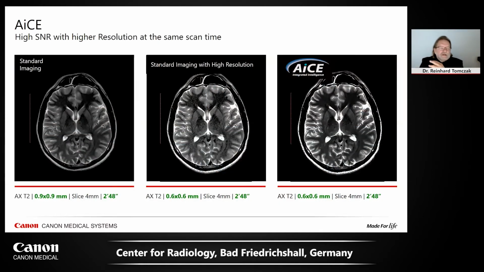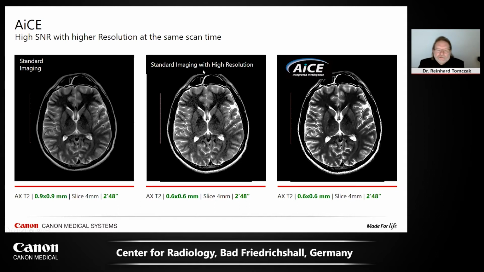Another example for high signal to noise. If you look at these images, you have an XLT2 standard imaging, 0.9 in-plane resolution, 4 millimeter slice thickness, and you use 248. This is at all images the same, 248, 2 minutes, 48 seconds.